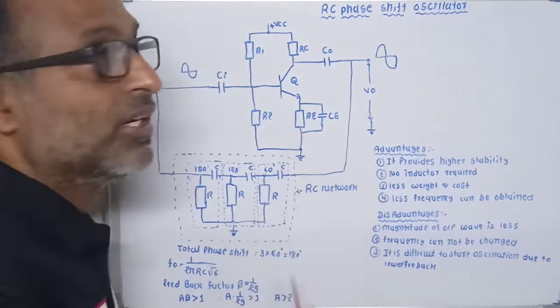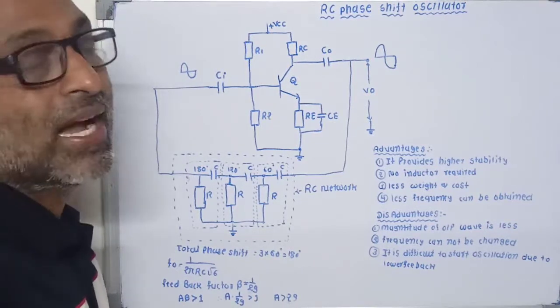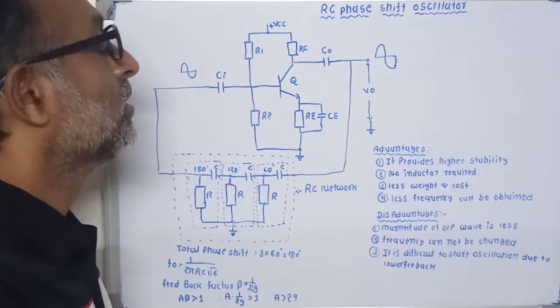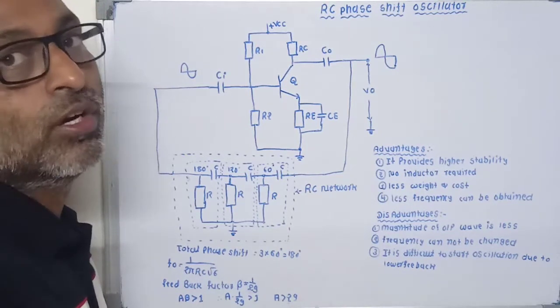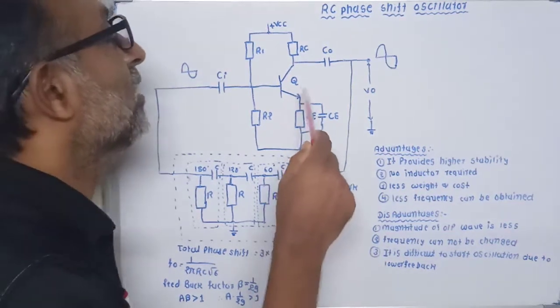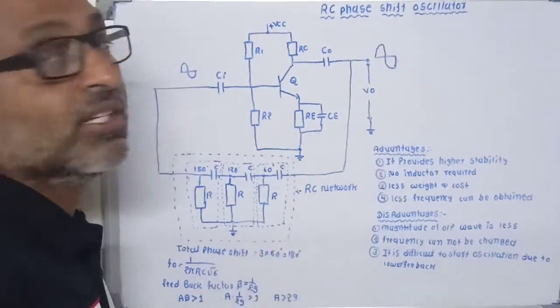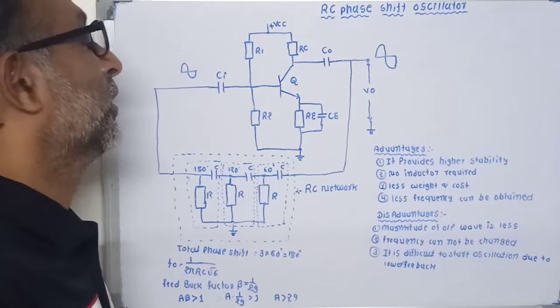RE is the emitter resistance which provides bias stabilization. CE is the bypass capacitor which provides a ground level to the AC signal amplified by this amplifier. CI and CO are the coupling capacitors.